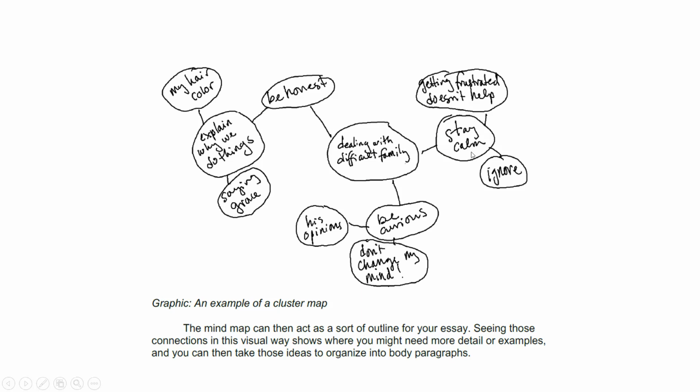Monkey likes only Oscar Mayer hot dogs, right? So that's how you do this. So this is a graphic example of a cluster map. But like I said, a handful of dirt is like, would be a dirt. The mind map can then act as a sort of outline for your essay. Seeing those connections in this visual way shows you where you might need more detail or example, and you can take those ideas to organize into paragraphs.